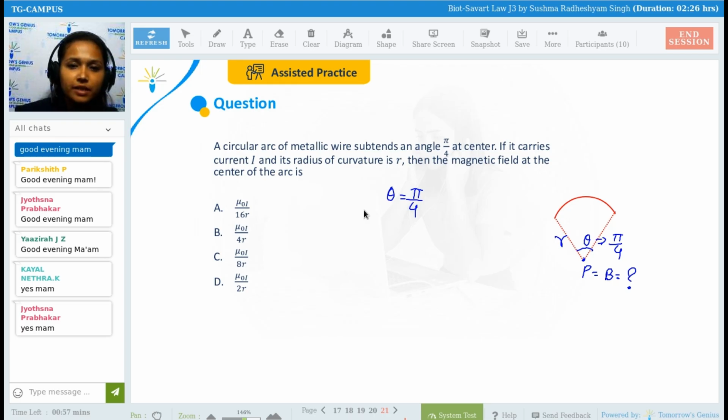Turn on your camera, students, and tell me. Clear question, Shrutika? Okay. Can you tell me which formula we are going to apply here? Am I audible, dear?